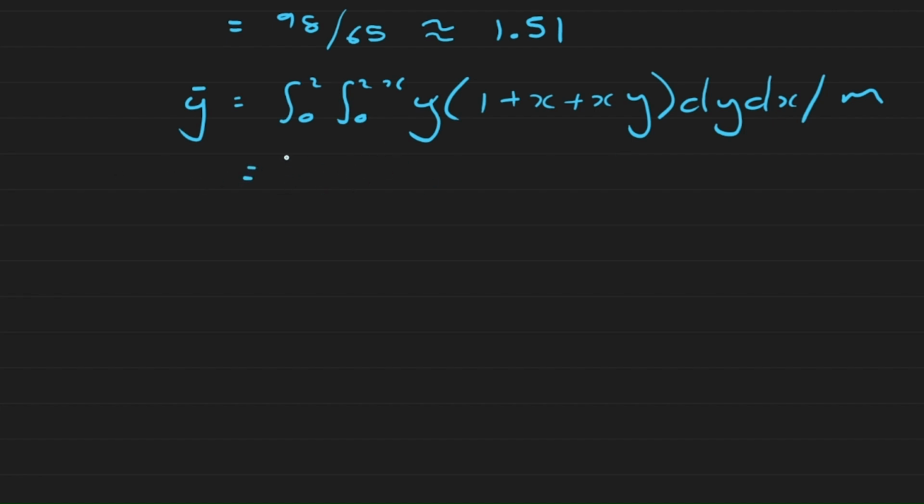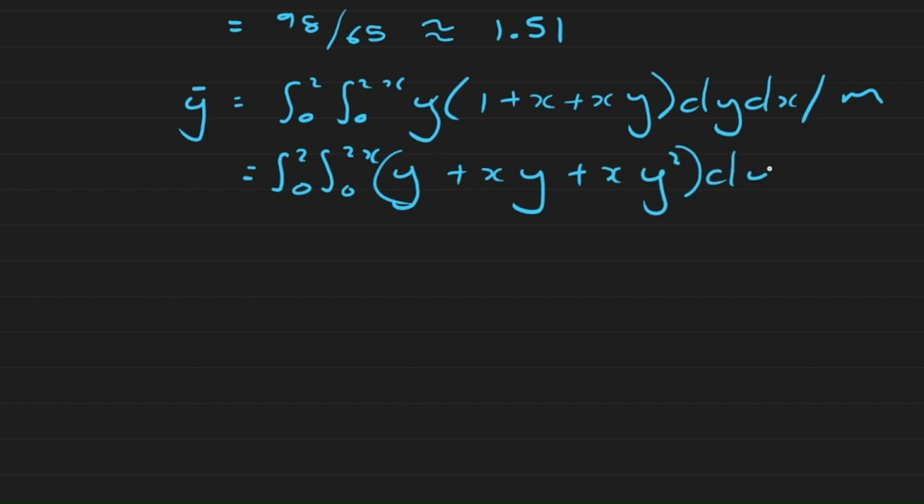So expanding out the term inside the integral, it still remains the same. That is the boundaries, 0 to 2, 0 to 2x, then multiplying everything by y. We get y plus xy plus xy squared, dy dx divided by the mass.